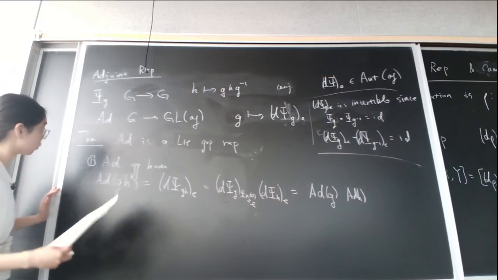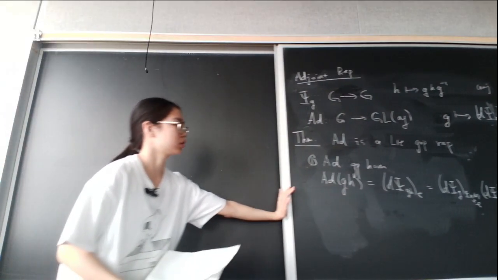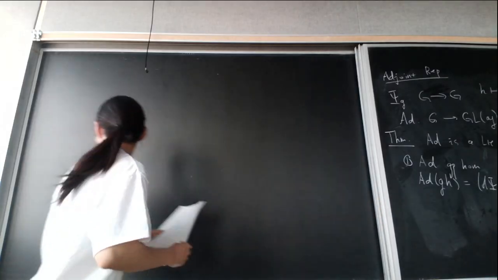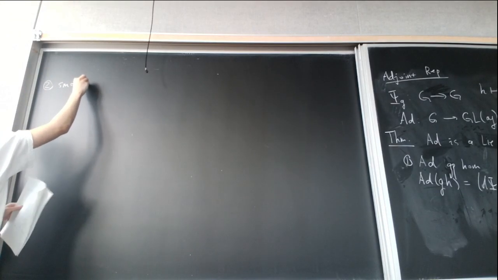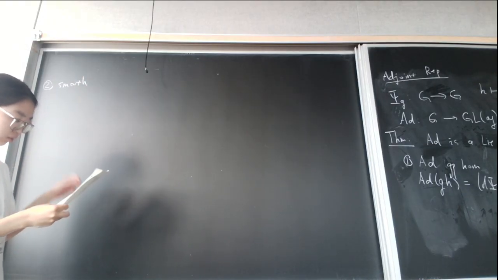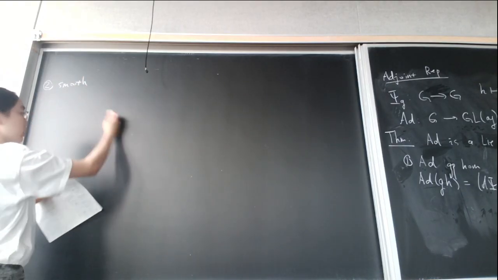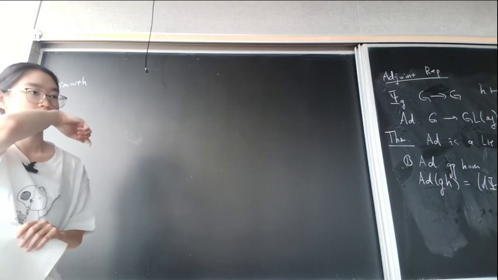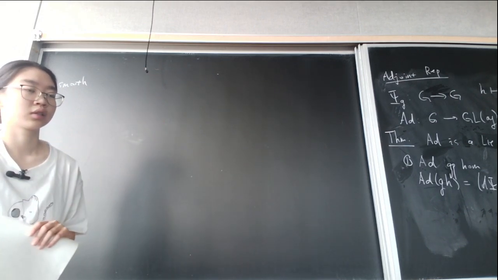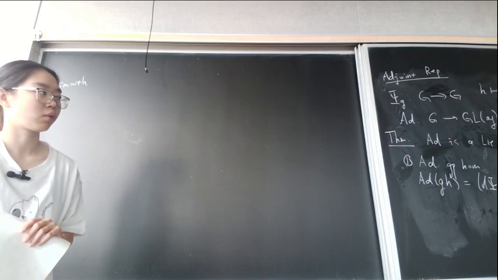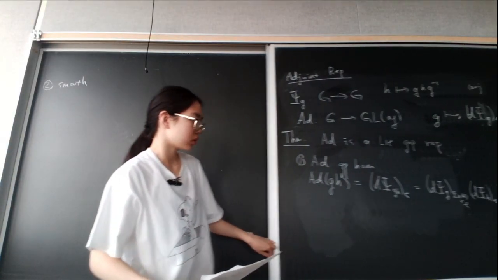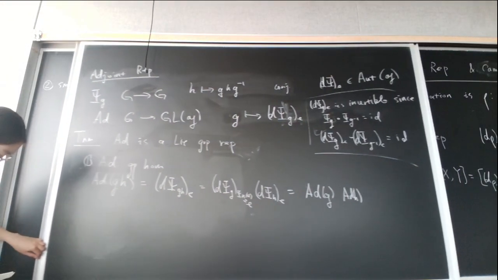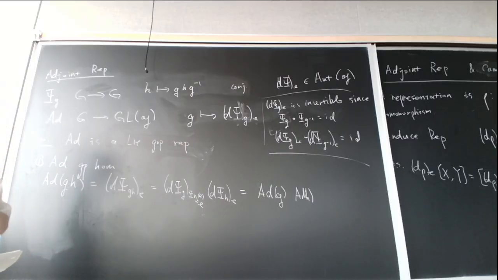Now we will show that it's smooth. Do you not also need to show that it sends the identity to the identity, which is obvious, or that the inverse is the inverse?